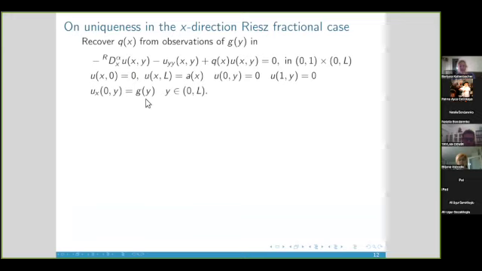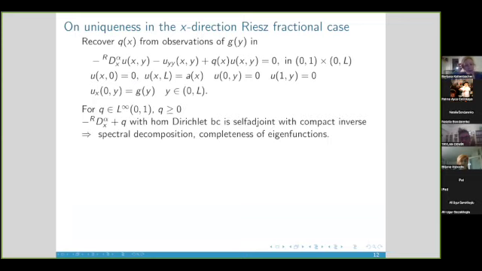Now we do the same step as in the previous uniqueness proof. We restrict ourselves to a fractional derivative in x direction because we want to do a separation of variables, and for this purpose we would like to have existence of a complete set of eigenfunctions and eigenvalues for this operator here.